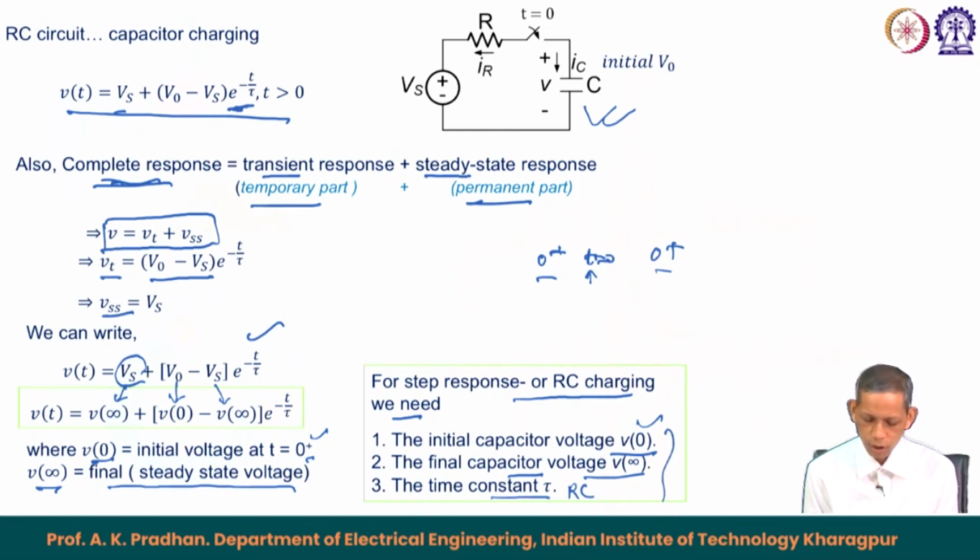If we know these three, then from the relation V t equals V infinity plus V naught minus V infinity times e to the minus t by tau, we can find the solution directly, without going for V s plus V naught minus V s times e to the minus t by tau for t greater than 0. That simplifies our analysis for different circuits. We will see this through different examples.